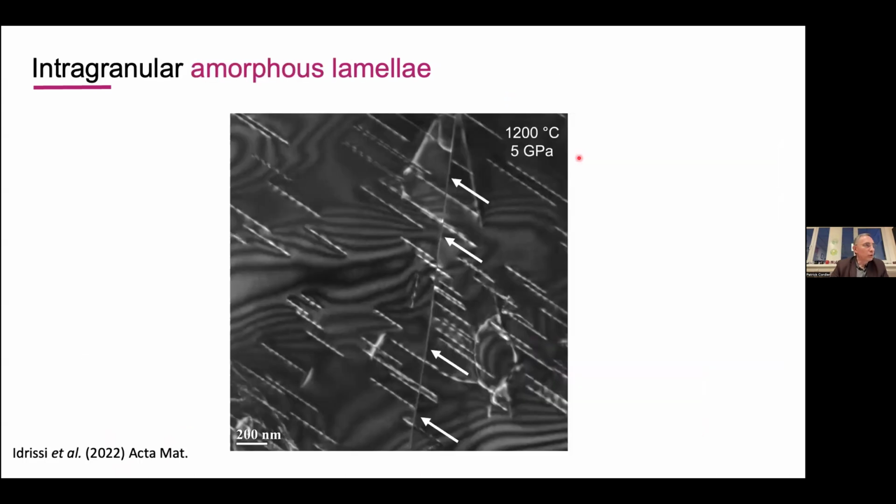We did also observe a few intracrystalline amorphous lamellae in our specimens. This is one here that you can see in the middle, and I'm showing this picture to show also that there is no real relationship between the dislocations of the ductile part of the story and the amorphous lamellae. It's not by accumulation of dislocations, for instance, that you produce this amorphous material.